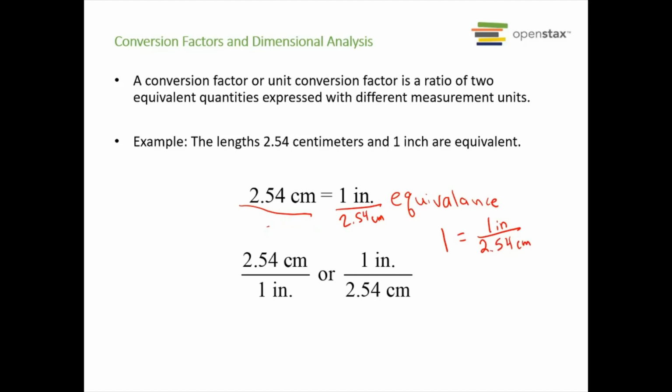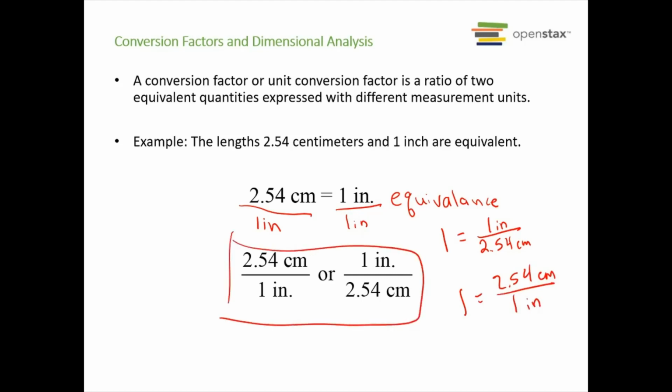I could do the same thing by dividing both sides by 1 inch. And I still get that 1 is equal to 2.54 centimeters for every 1 inch. So these are our conversion factors. So remember, units can be multiplied and divided. So that's what we're doing here.